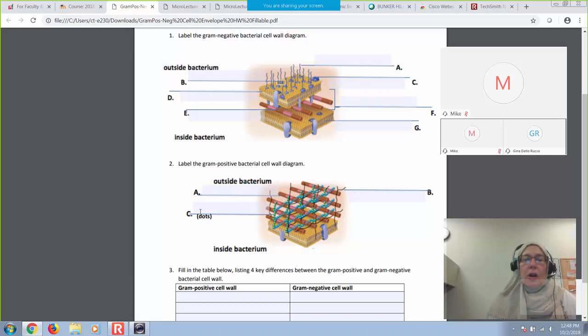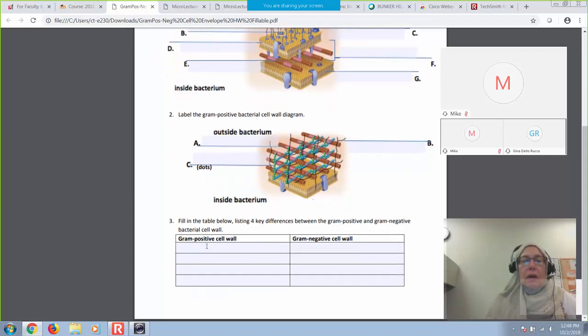And the dots here in C are those peptide cross bridges that I said were so important for covalently linking these many layers of glycans in the peptidoglycan of the cell wall. It gives really the strength and rigidity that you find in the cell wall.